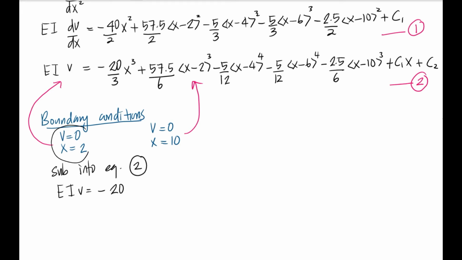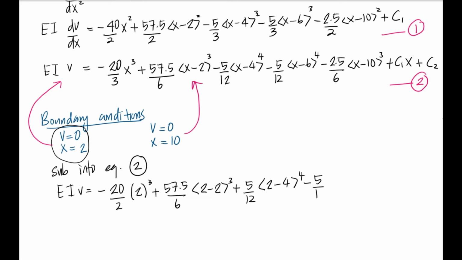We start with the first boundary condition. x is 2, minus 2, 2 minus 4, 2 minus 6, 2 minus 10, then we plus c1 times 2 plus c2.